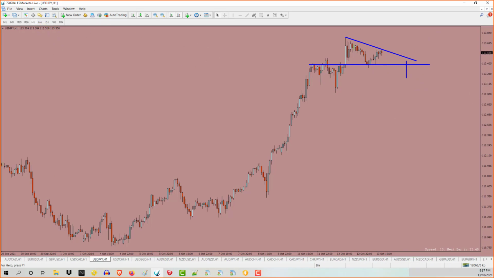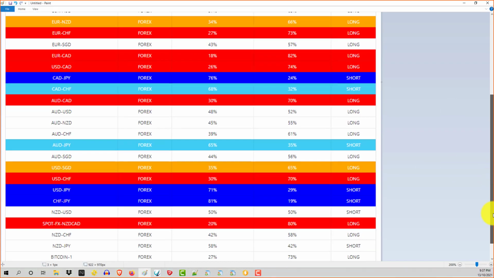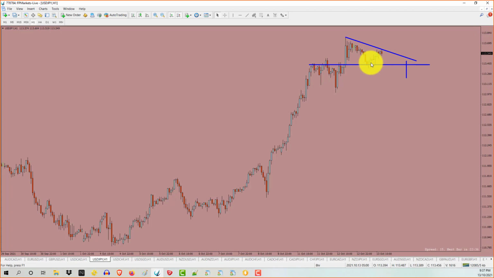And the numbers are brilliant for the yen right now, as you can see. Where are my numbers? Here. 71% of our traders are short. So it's a very bullish, a very blue market on dollar yen. So this would be one that I would love to see this sort of thing happen for sure.